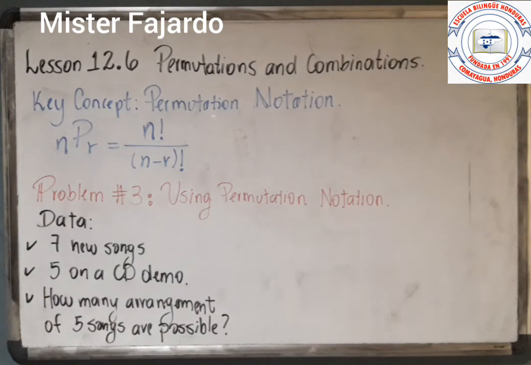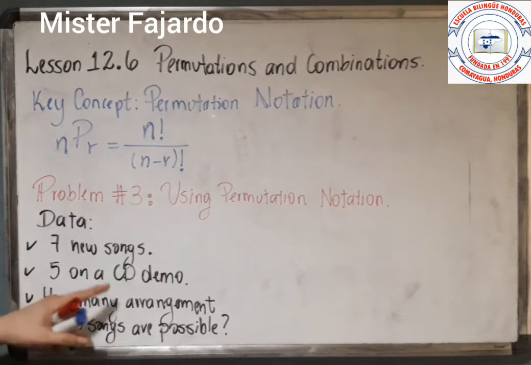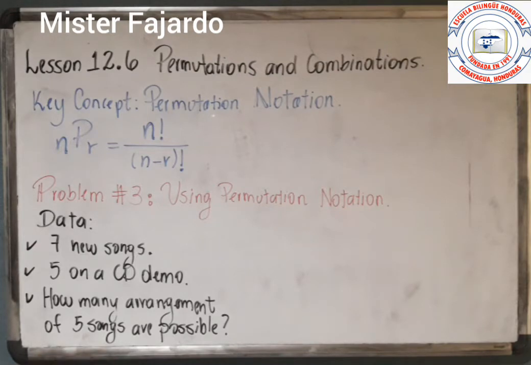In problem number 3, it says using permutation notation, and the problem is about music. A band has 7 new songs, and they want to put 5 of them on a demo CD. How many arrangements of 5 songs are possible?